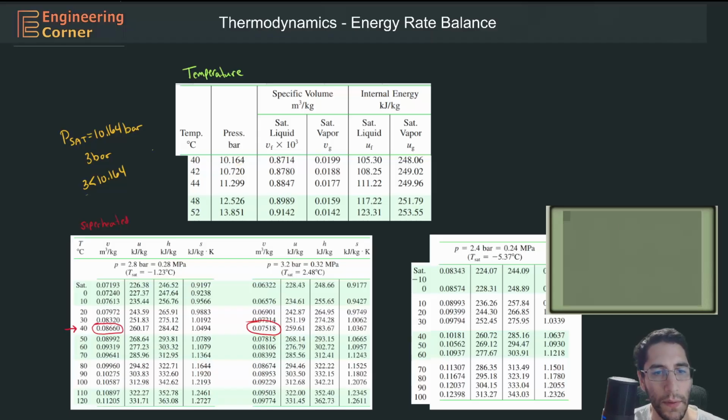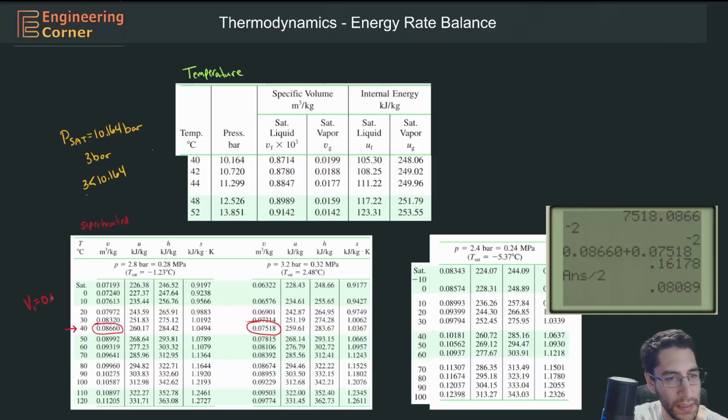So let's look at what we get. Well, that didn't work. Okay, so my average, my V1, is going to be 0.08089.